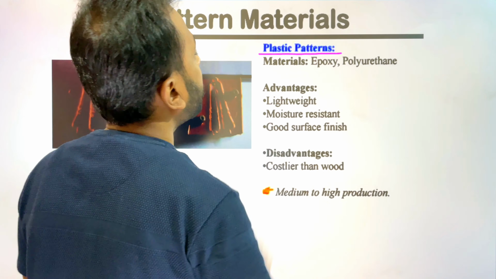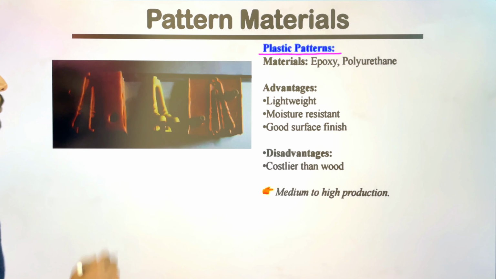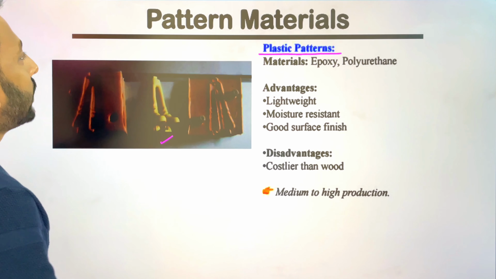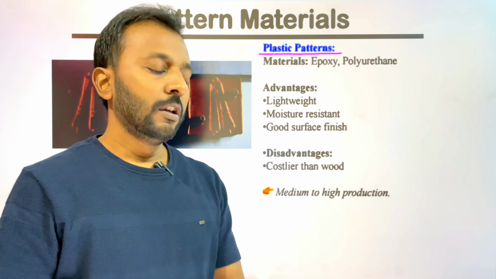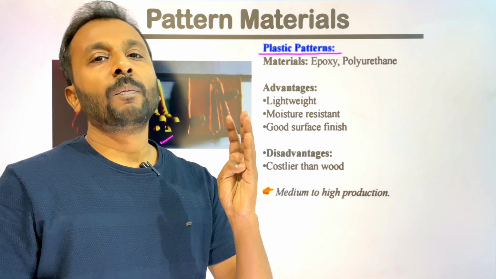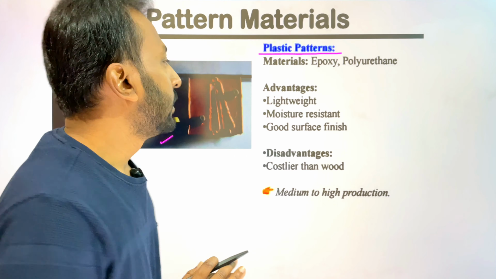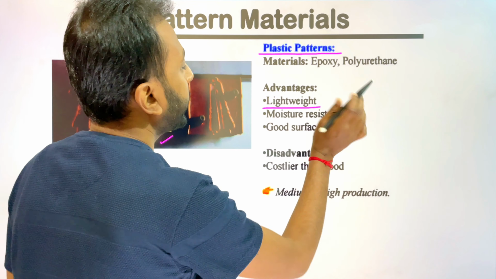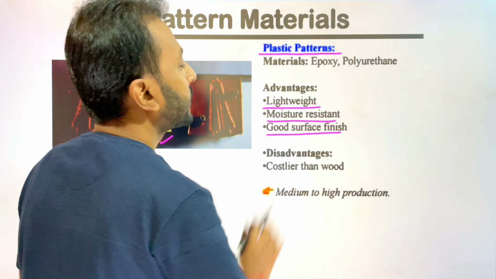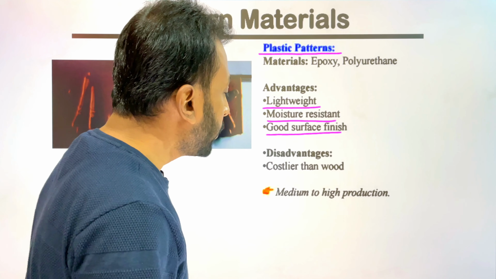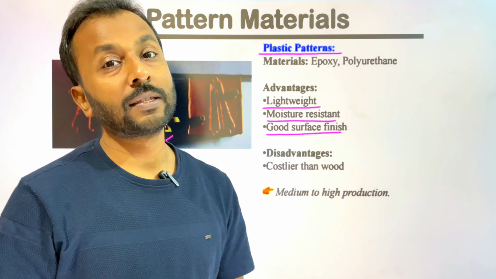The next pattern is the plastic pattern. The material used to create the pattern is plastic. In this figure we can see a plastic pattern. It has many advantages. Compared to wooden and metallic patterns, plastic patterns are more preferable because they are lightweight, moisture resistant, the surface finish is very good, and they don't absorb any kind of moisture.